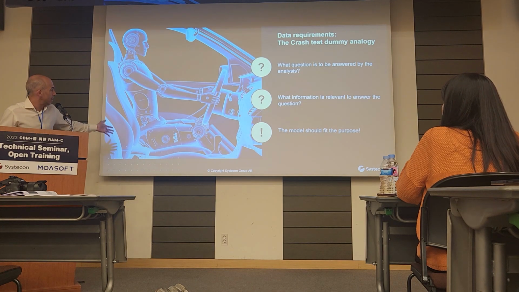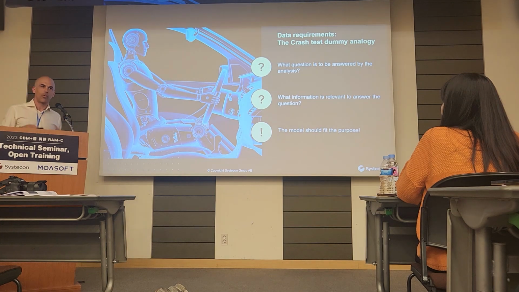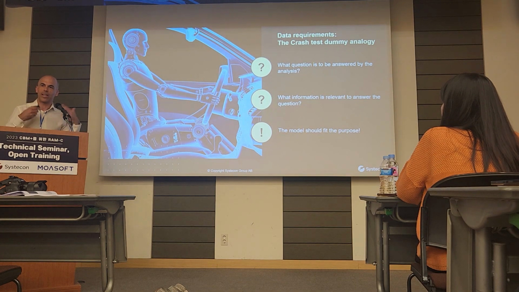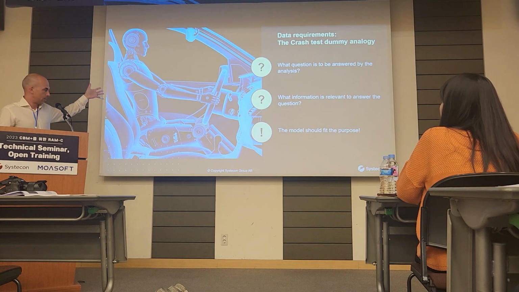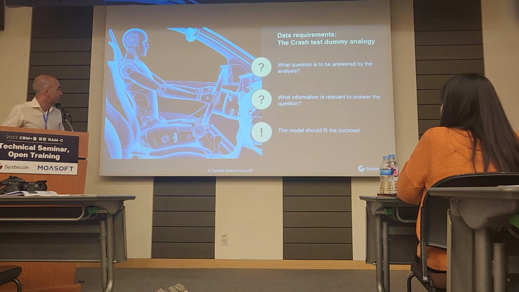No, the important thing here is the limbs, the main parts of the body, to see how it reacts, and that will give us the correct answers for our analysis. So don't spend time on getting this doll a wig or something like that, because that will not add any valuable information to your analysis. The model should fit the purpose.